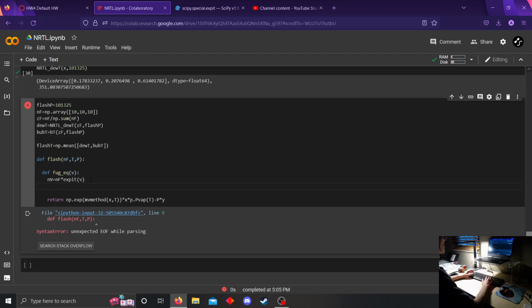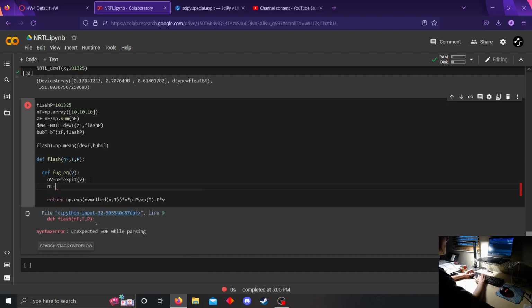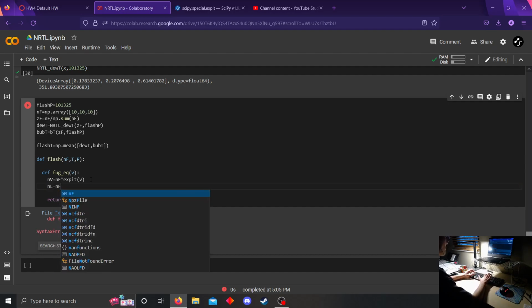So that's going to be our vapor phase, and then the liquid phase is going to be equal to the total, so NF, minus the vapor phase.